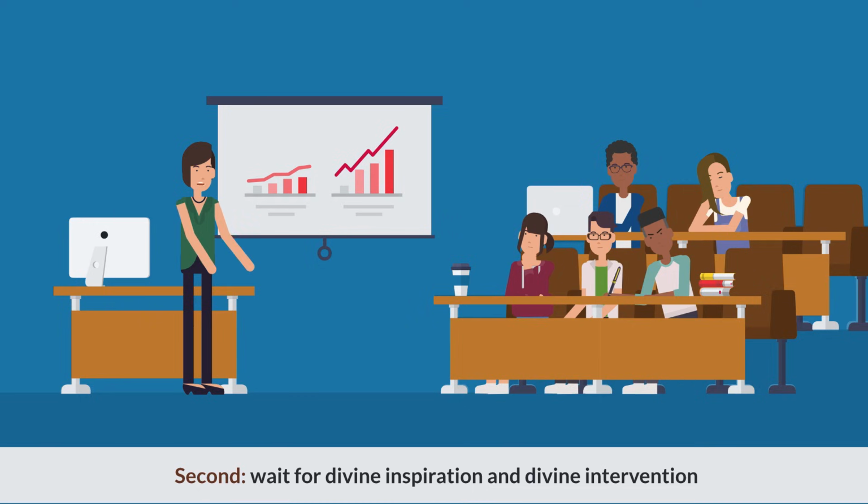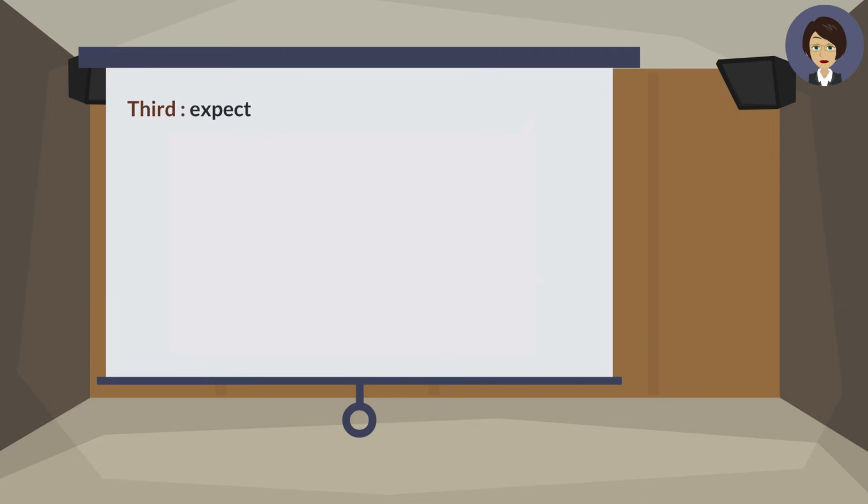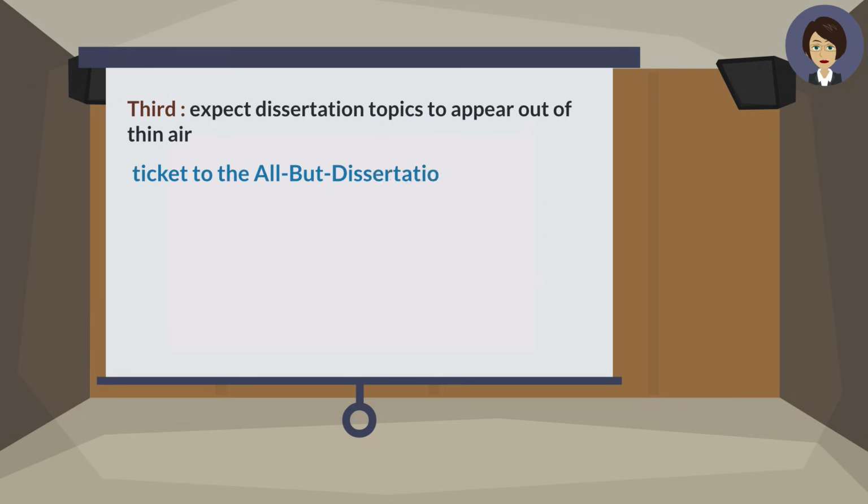This is not a winning approach to topic selection. And third, students expect dissertation topics to appear out of thin air or because the idea sounds good. This approach is a ticket to the all but dissertation, the dreaded ABD status. This approach never works.